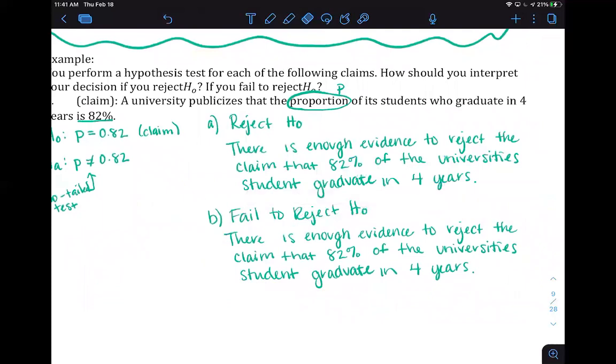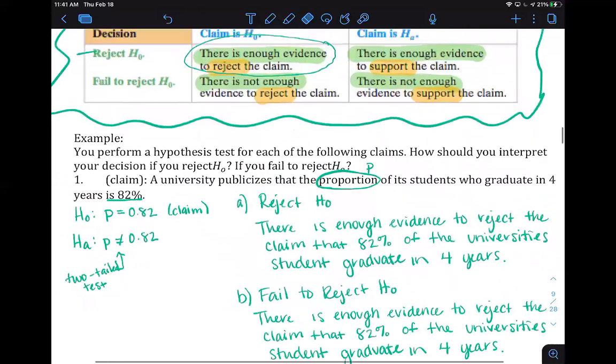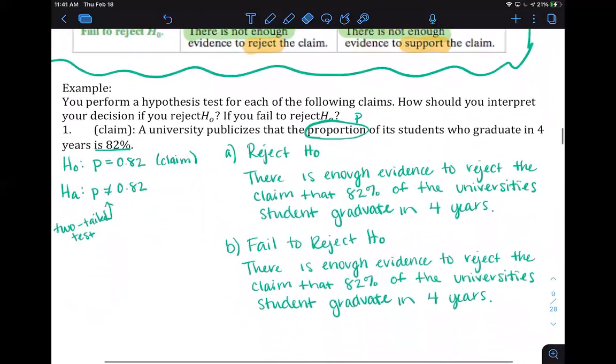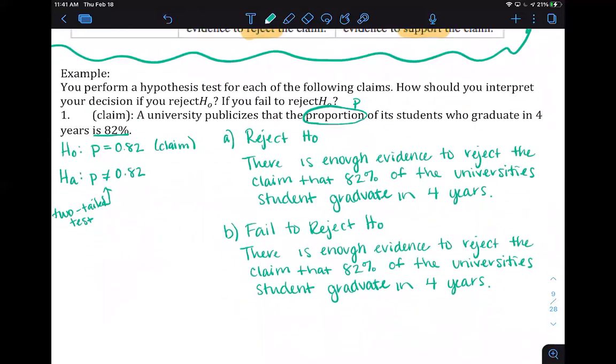And what changes is instead of "there is," it changes to "there is not." There's not enough evidence. Other than that, it's the exact same phrase. Questions with that?